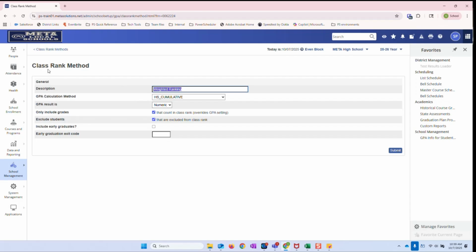So I just wanted to point out the class rank methods are all tied to a particular GPA calculation method. And you can have multiple class rank methods. And then when you run that class rank, whoever does that in your building, whether it's manually or you have it set to be automated, every time it's run, it is utilizing a GPA calculation method.